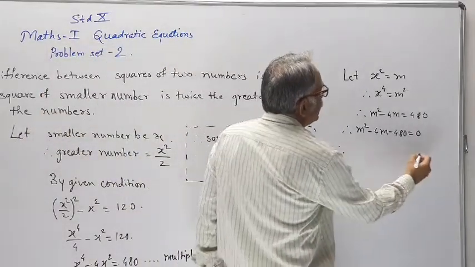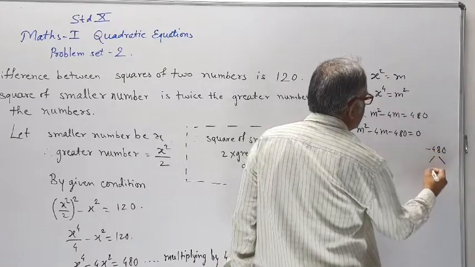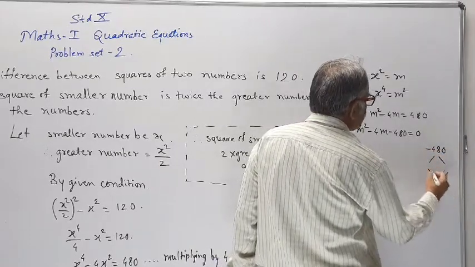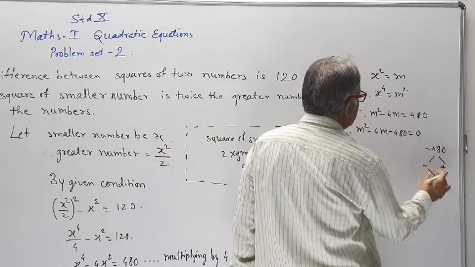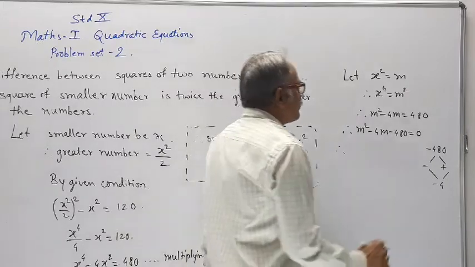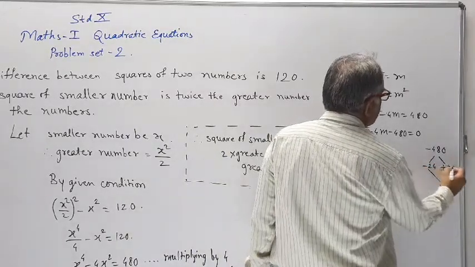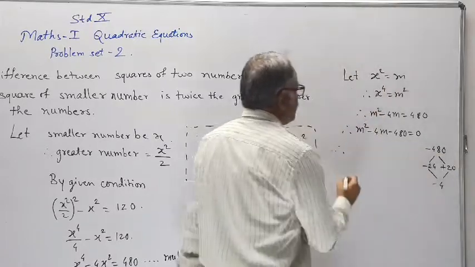Therefore, negative 480, different signs. The difference we want is minus 4. The greater will take the minus sign, the middle term sign. Which are the numbers? 24 and 20. 24 into 20 is 480.